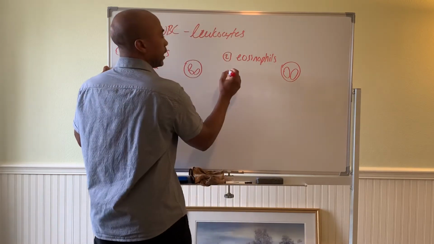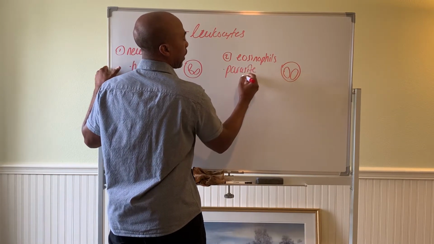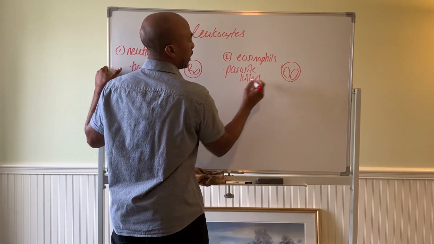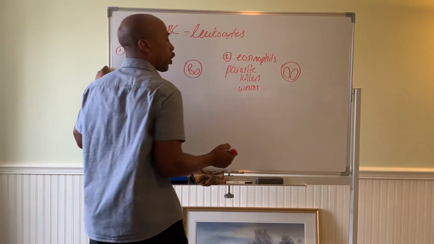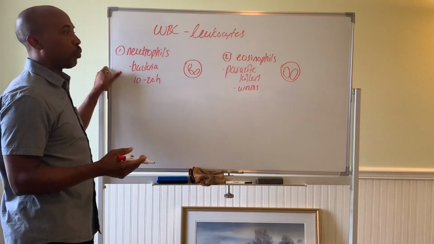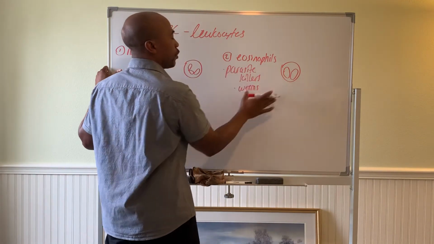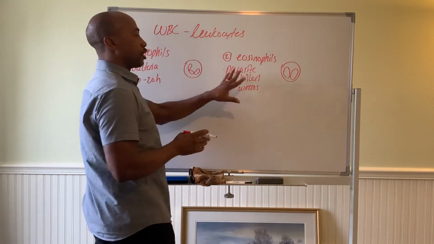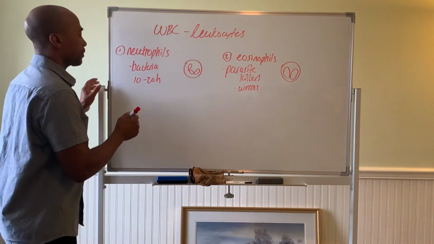These are your parasite fighters, parasite killers. Things like worms, your tapeworm, hookworm, flukeworm, pinworms, all those things are fought off by your eosinophils. So your parasite killers are the eosinophils.